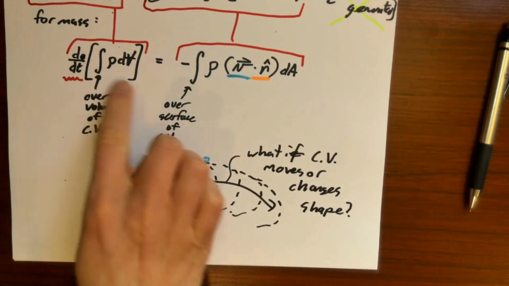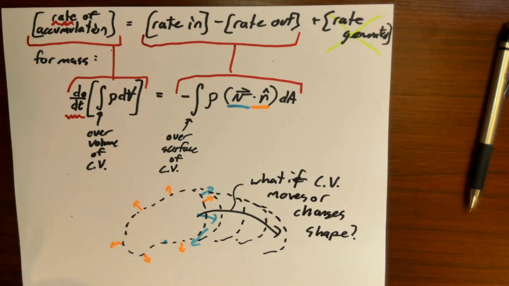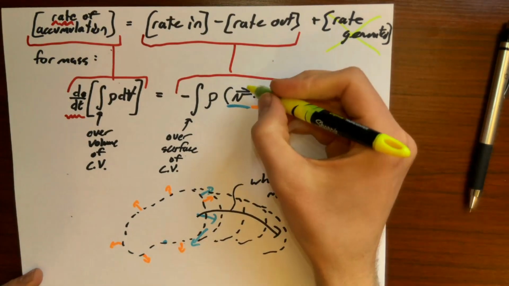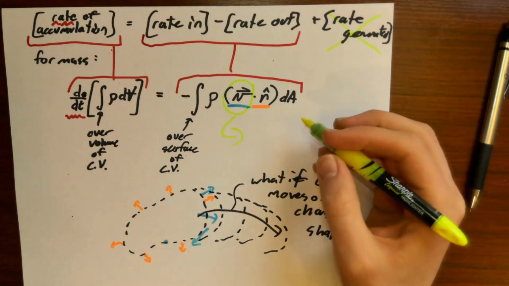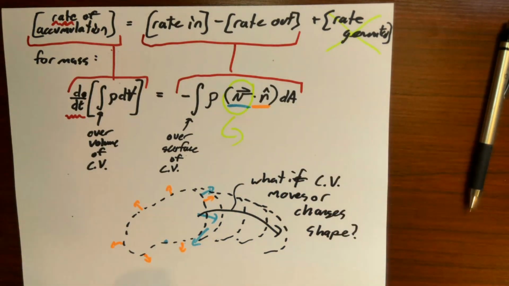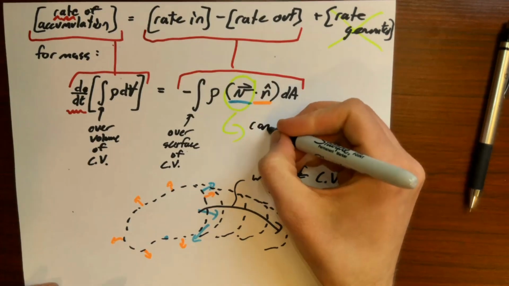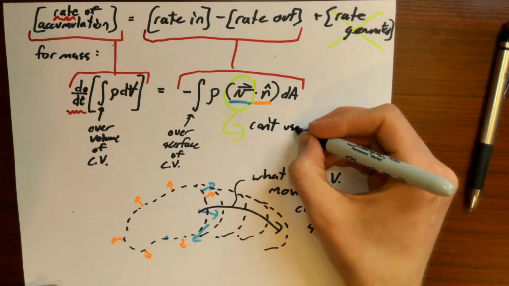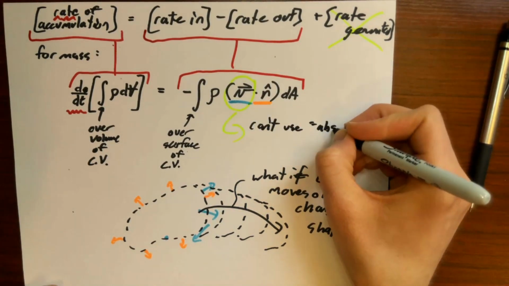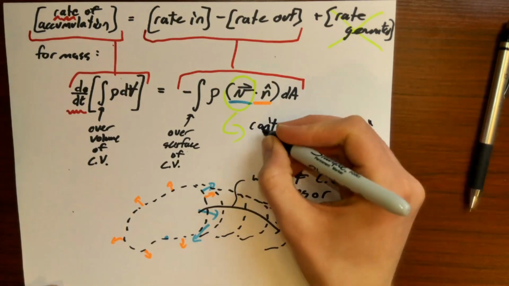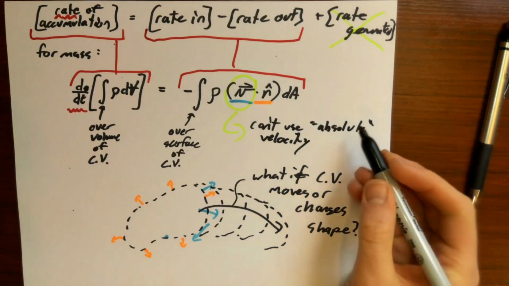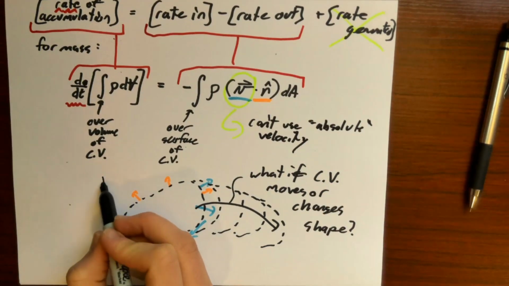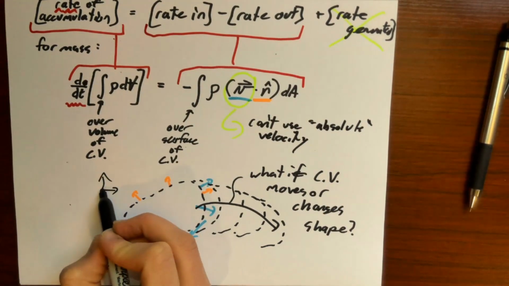Well, we can still use this expression up here. It just turns out that for this v, you can't use the absolute velocity, or maybe more specifically, some velocity with respect to some stationary point.